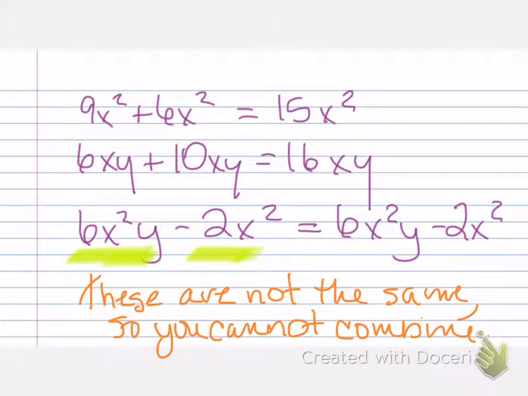If we have 6xy plus 10xy, those are like terms because we can add them together. We say they're like terms because the combination of variables and exponents are exactly the same. However, in the third one, 6x squared y minus 2x squared, we cannot combine because they are different, so that's simplified already.